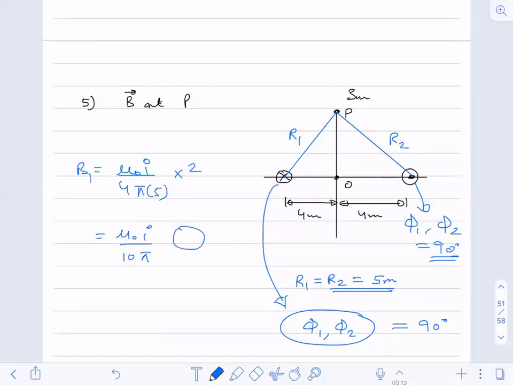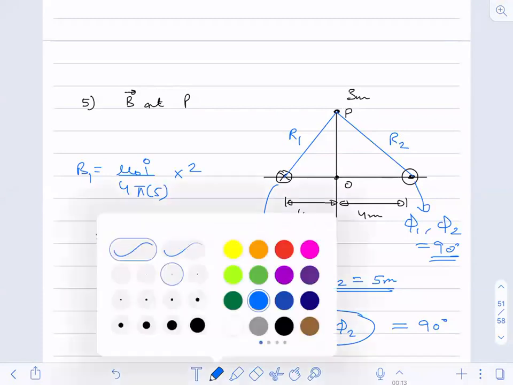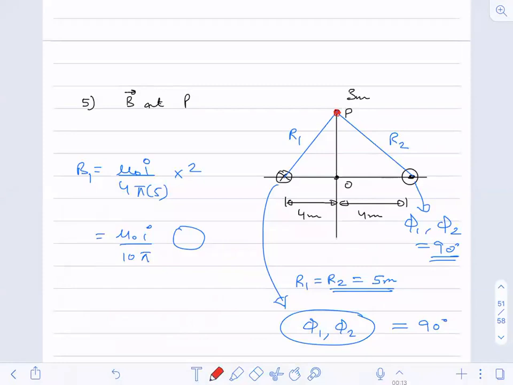What is the direction of B1 now? If you see, the wire is going into the plane. So if you hold the wire in your thumb, the magnetic field at that point due to the first wire will be like this, B1.